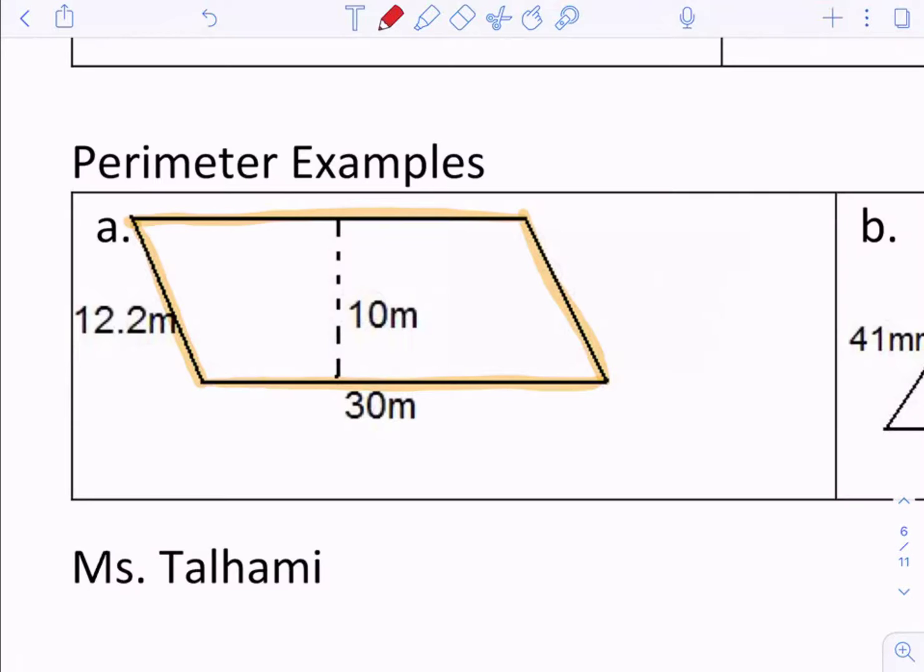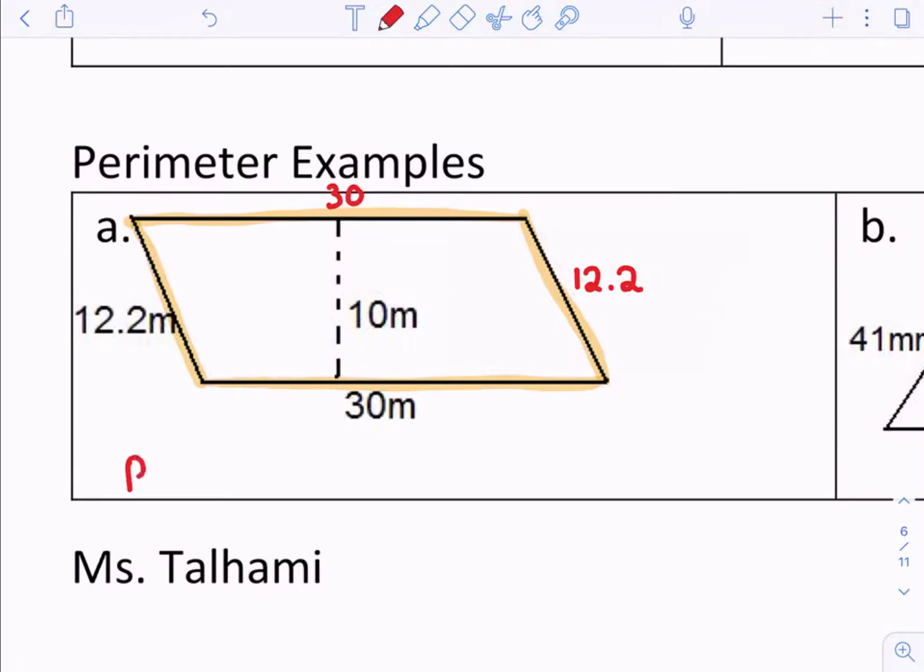Exactly. So really, we have ourselves here a parallelogram. What do we know about a parallelogram to help us find the remaining sides here? Just like a rectangle, opposite sides are equal. So if the left is 12.2, then the right is 12.2. And if the bottom is 30, then the top is 30.